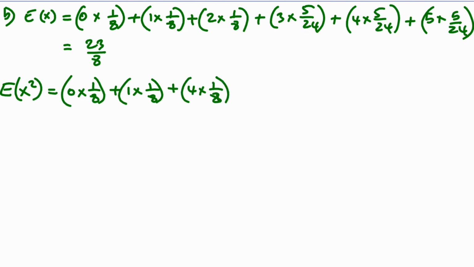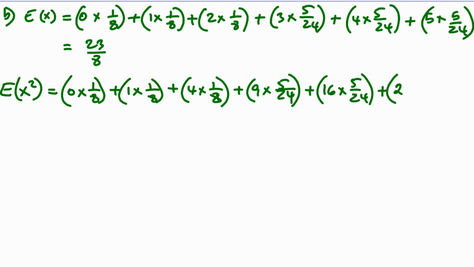Remember, we are squaring the values that x can take to find the mean of squares. Plus 9 multiplied by 5 over 24, plus 16 multiplied by 5 over 24, plus 25 multiplied by 5 over 24.